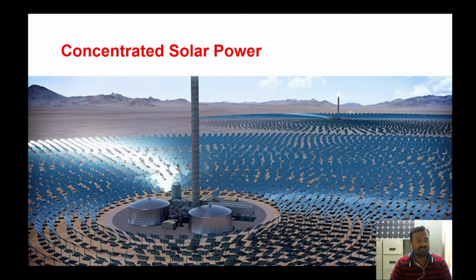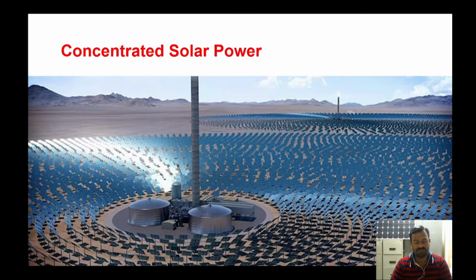So let us see what CSP, the concentrated solar power system, is. The concentrated solar power system has a different method to utilize the heat energy of the sun to produce electrical energy. Basically, we have reflectors, and these reflectors reflect the solar irradiance onto the heat transfer fluid.